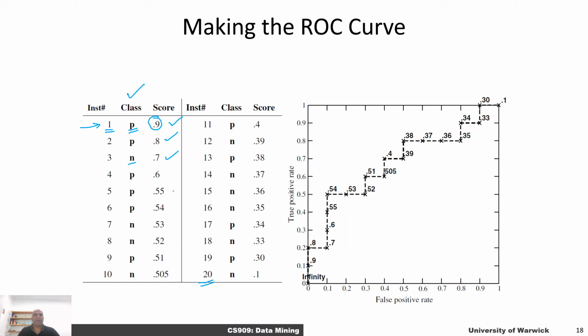Once we have obtained that, we choose a threshold value. Let's say we choose a threshold value of 1.0. At that particular threshold value, all of these examples are going to be predicted as negative, because all of these score values are going to be less than the threshold that I've chosen, which is equal to 1.